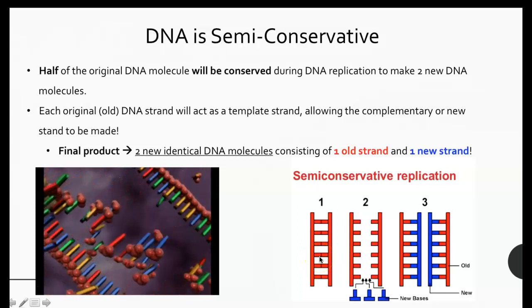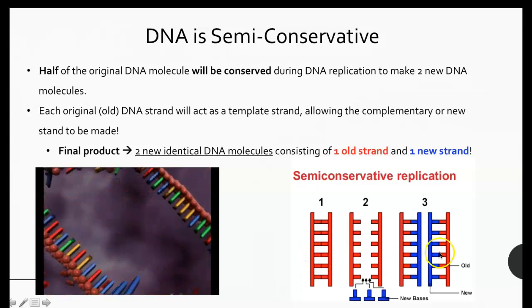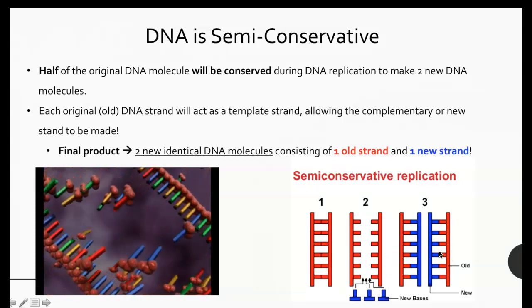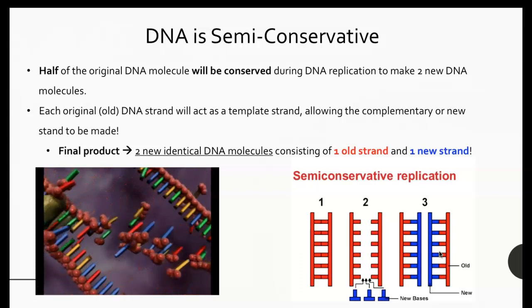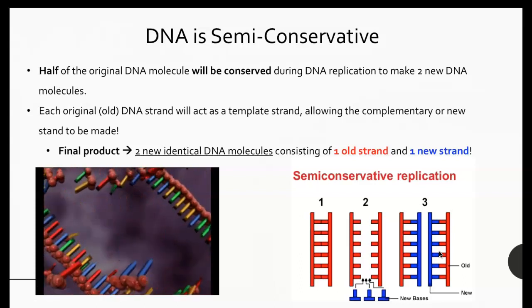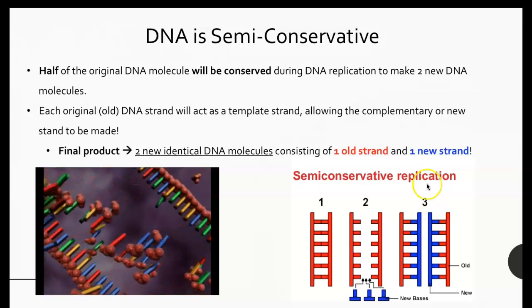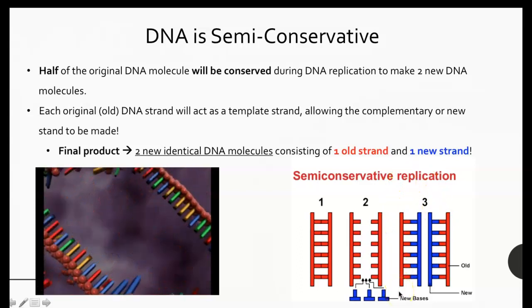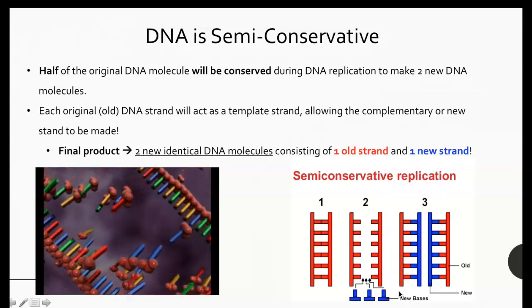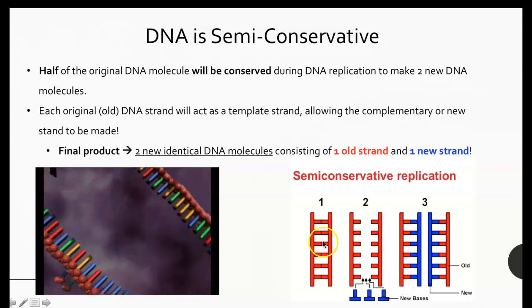These DNA molecules will then go into two cells. Each cell will therefore be identical because their DNA is identical. That is the purpose of DNA replication, to go from one original DNA molecule to two new identical DNA molecules.